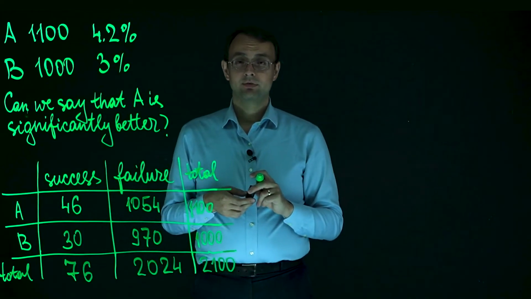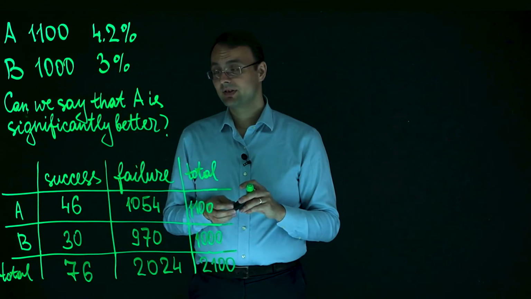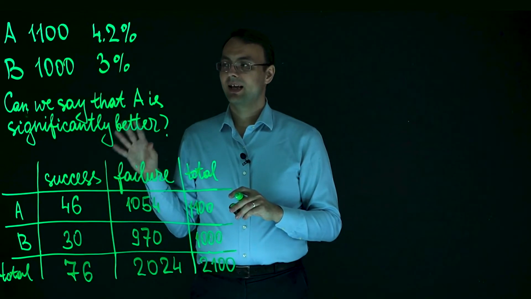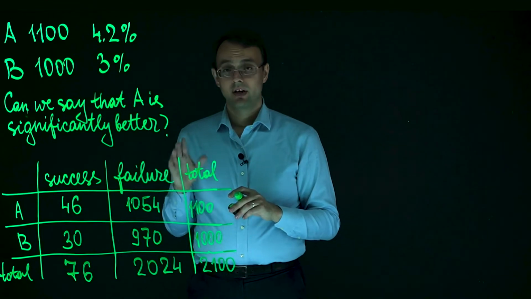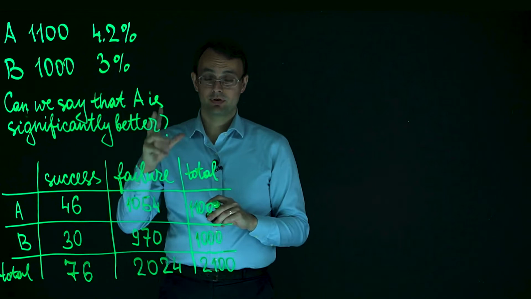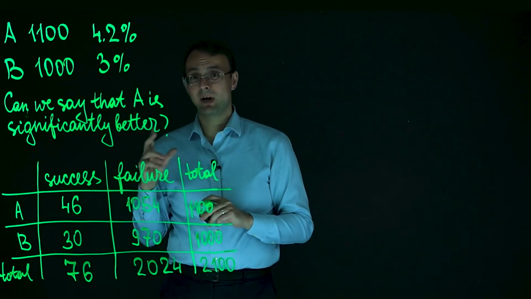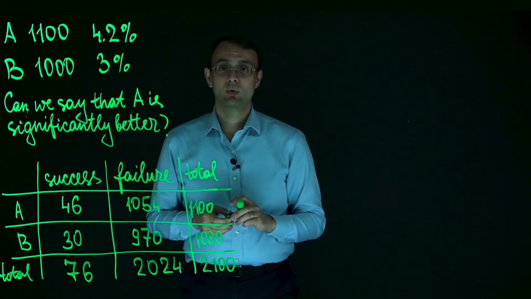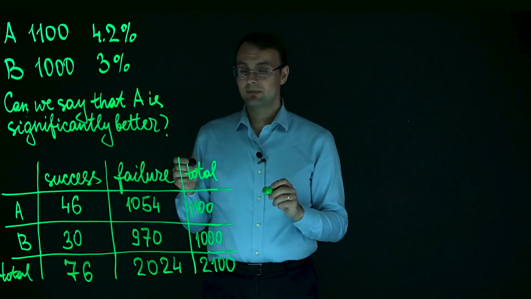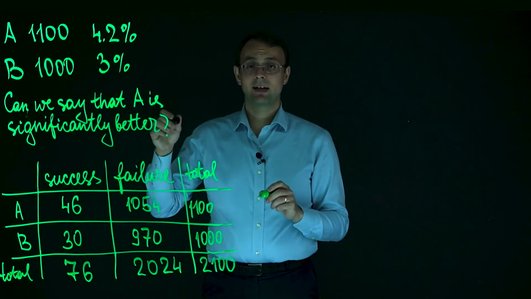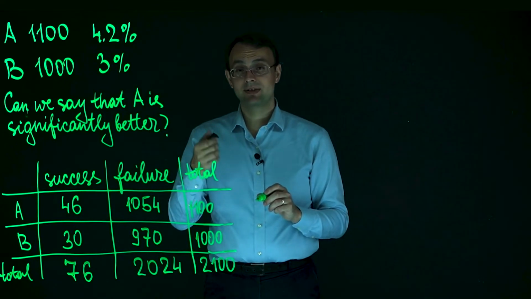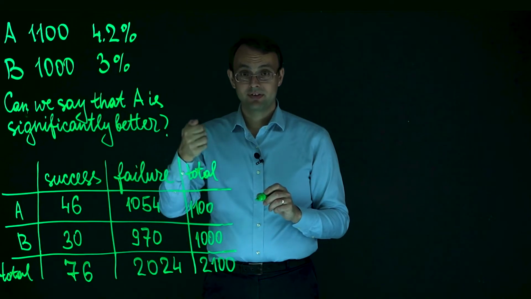Now we are to formulate our pair of hypotheses. They say, can we say that A is significantly better? So we have these two proportions, two probabilities, P1 and P2. P1 and P2 are probabilities that a random visitor of this online store will buy something, the probability of purchase per visitor.